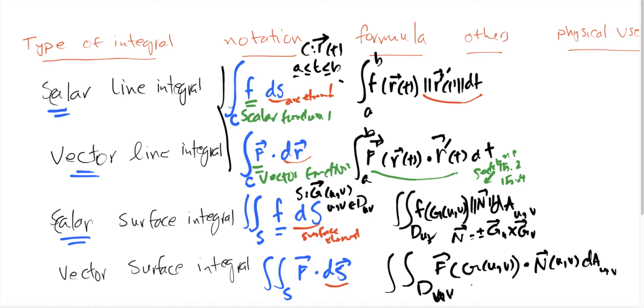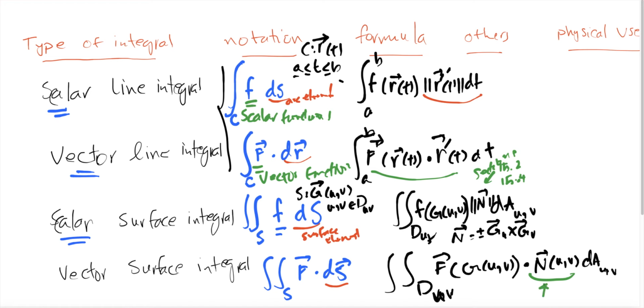And so other things to notice again, here N matters, so you either use G sub U cross G sub V or the negative of that, depending on what direction of flux you're trying to compute, basically.